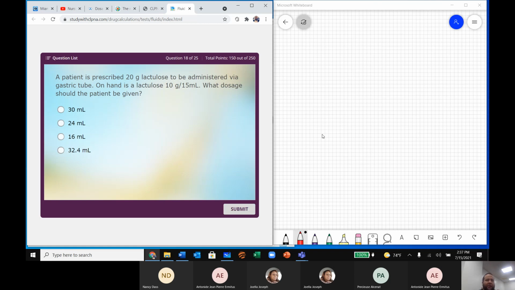Okay, let's do the following problem. A patient is prescribed 20 grams of lactulose to be administered via gastric tube. On hand, we have lactulose of 10 grams per 5 ml. What dose should the patient be given?